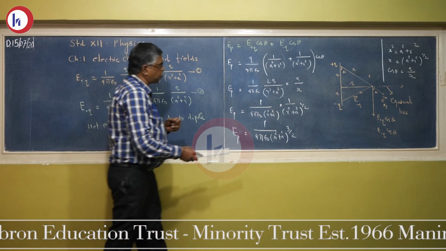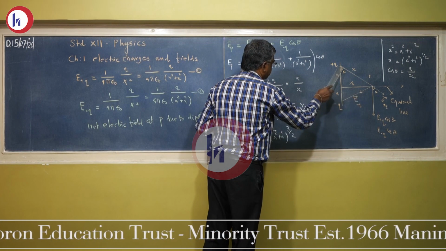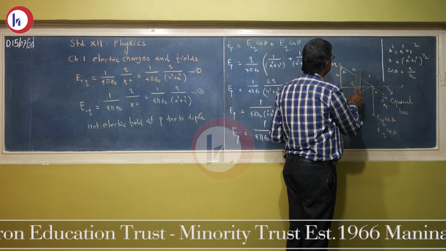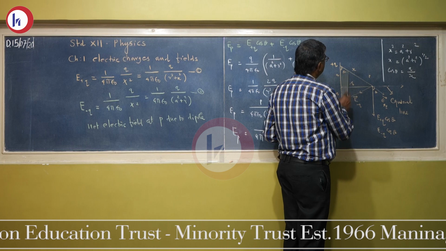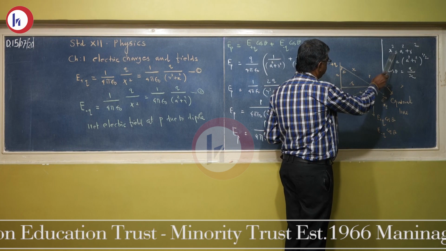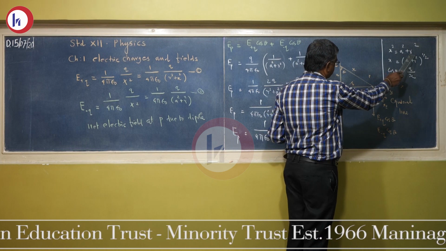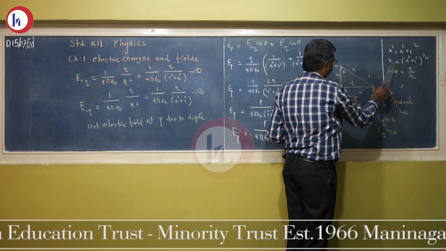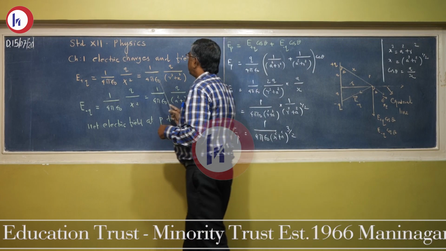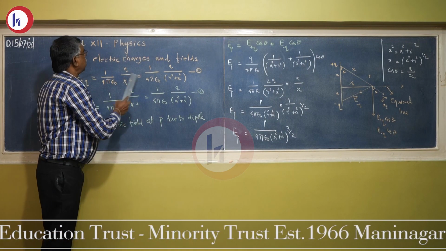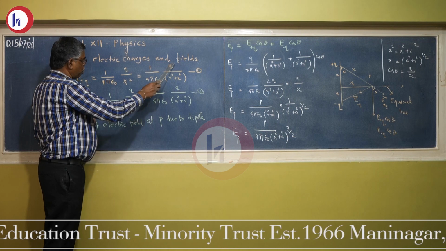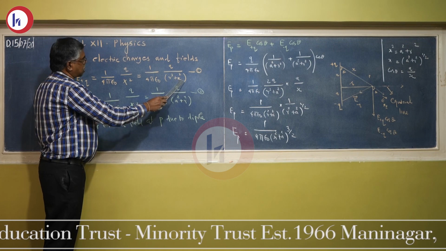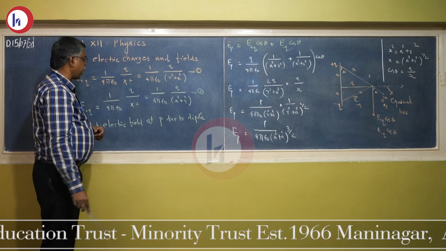Here x means the distance of point P from the positive charge, where, from the diagram, you see x, here a, here r, a right angle triangle, therefore you can write x square plus a square equal to r square. So x equals (a square plus r square) raised to 1 by 2. Here x square equals a square plus r square, so the field is 1 upon 4 pi epsilon 0 times q upon (a square plus r square). Let it be equation number 1.